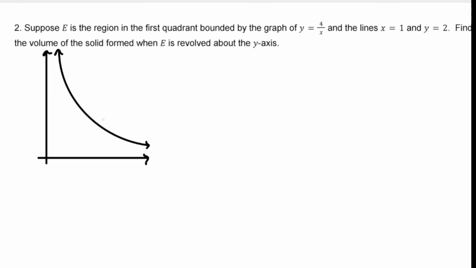So x equals 1, I guess would be right here, and it would go up to 4. So I can say that looks pretty good. And then y equals 2 would be about right there.